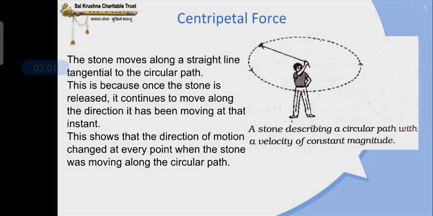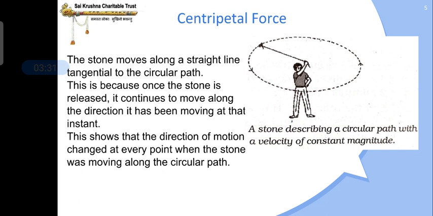Now, centripetal force. What do you mean by centripetal force? To understand it, I have taken an example here. Take a piece of thread and tie a small piece of stone at one end. The other end has to be held by you, and you have to rotate it.